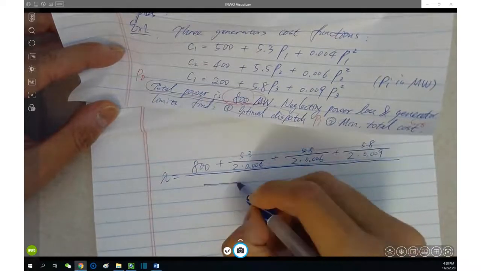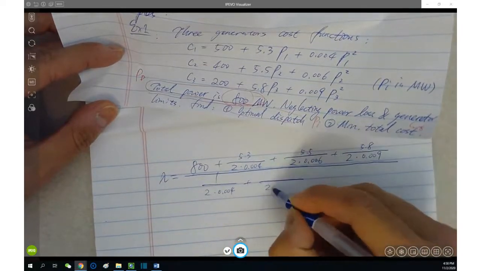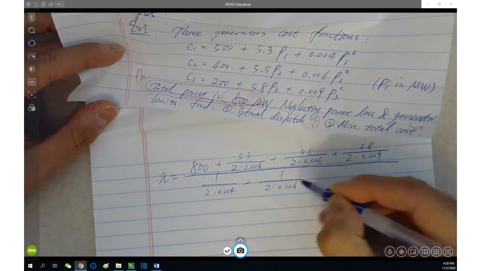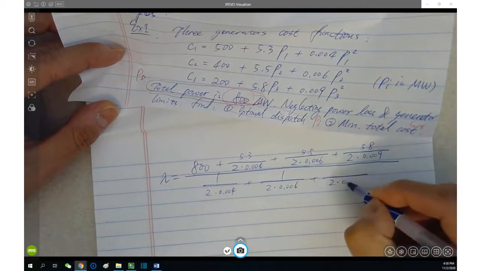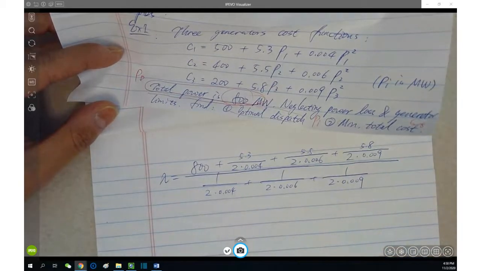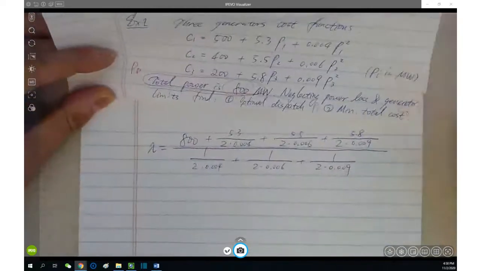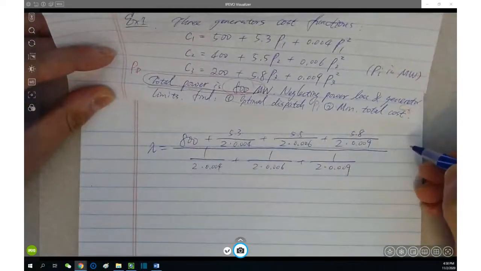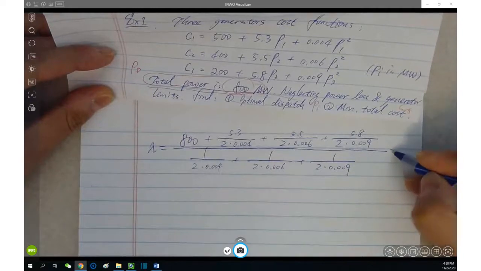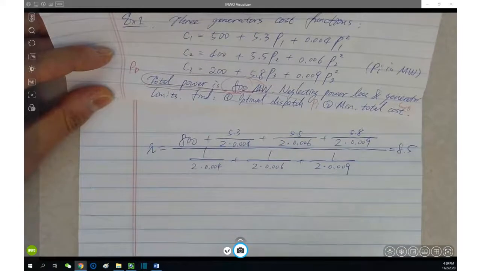Denominator is 2 times 0.004, 2 times 0.006 plus 2 times 0.009. Okay, this is the lambda, and equals to 8.5.